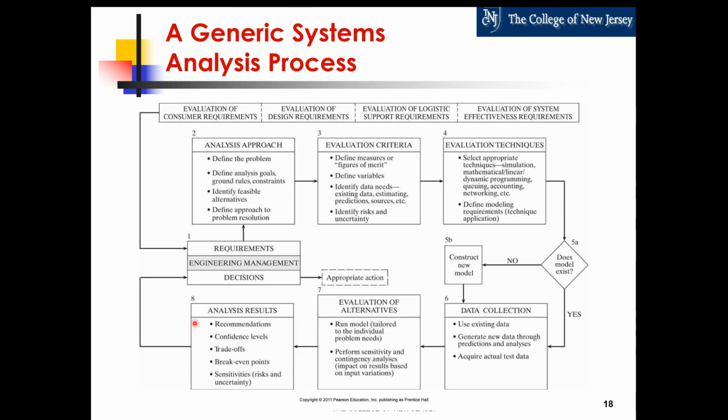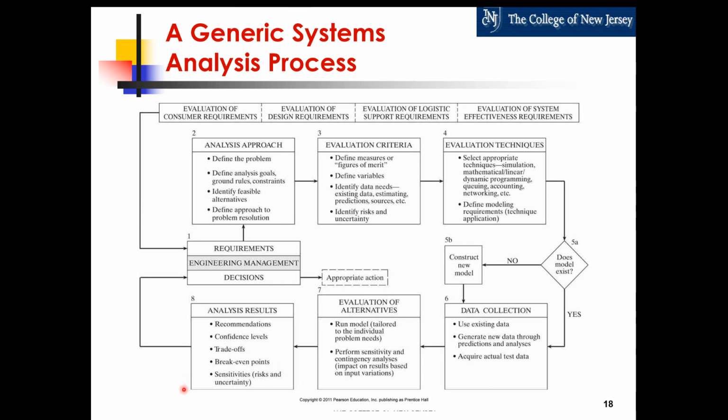But the tool is not going to give you the answer. This is where the system knowledge comes in, as you have aggregated by looking at all the requirements and specifications. You can look at what recommendations you make, how confident you are of different things, how the trade-offs look against each other, break-even points, different cost analysis, and as I mentioned, sensitivities which deal with risk and uncertainty.